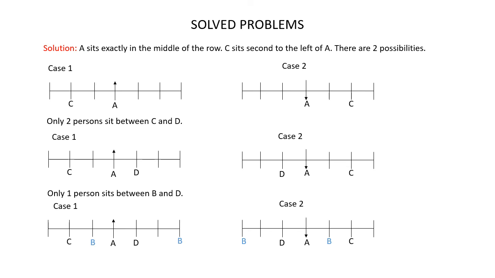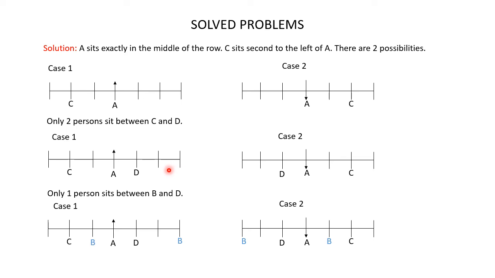It's given that only one person sits between B and D. Now in case 1, B can sit in this position so that there is only one person sitting between B and D, or B can sit in this position.